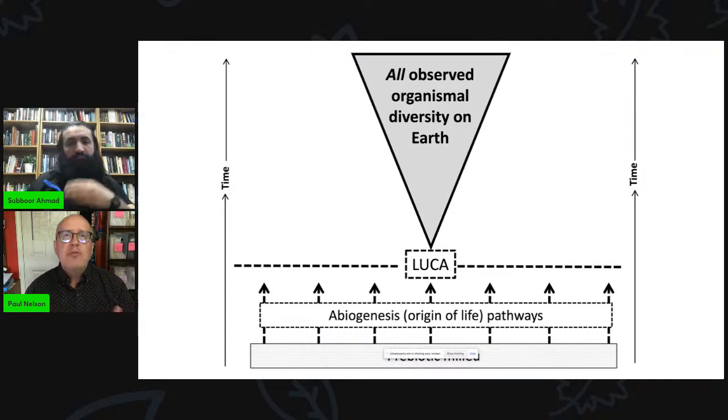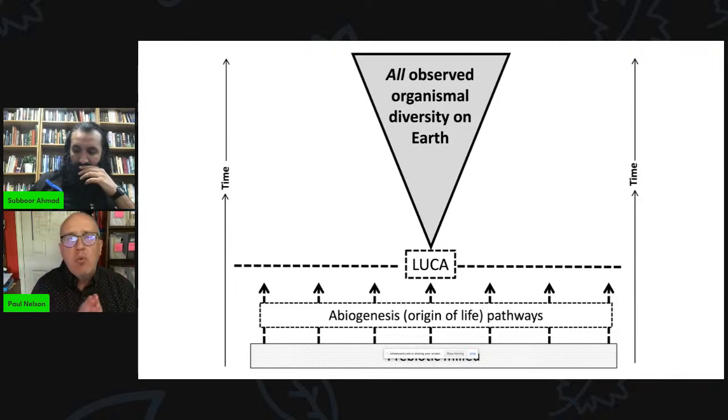Now, one of the good things that Luca does for you as an entity is it kind of cleans the tabletop. And even if you have, as this cartoon illustrates, multiple independent pathways arising in the prebiotic milieu, at Luca, you've got a bottleneck where all lineages but one are swept off the scene.